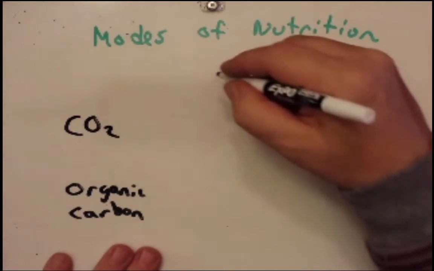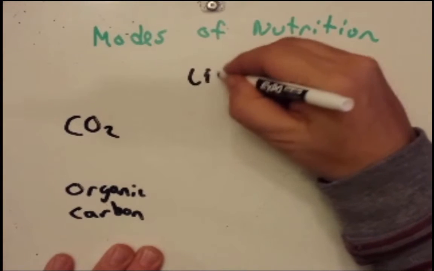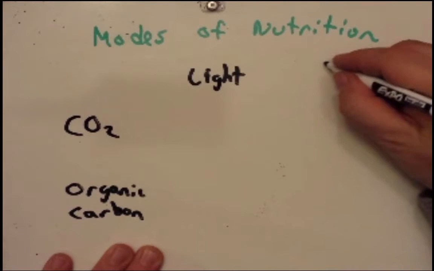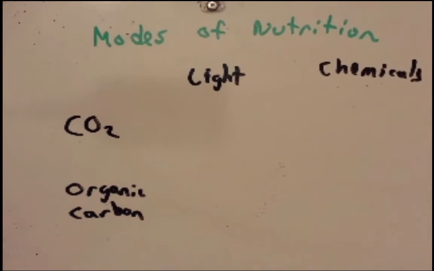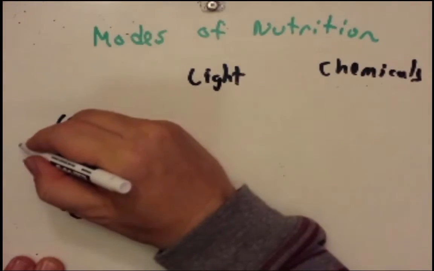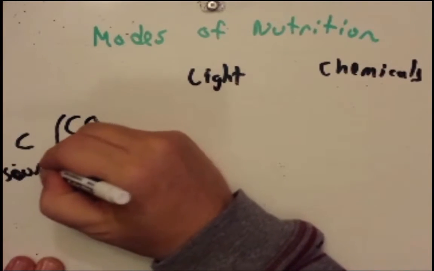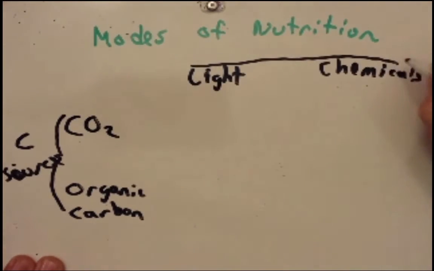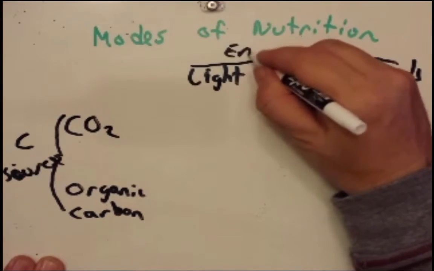We also said that the source of energy they could obtain would be from light, our phototrophs, or from chemicals, our chemotrophs. Maybe let's lump these together so we don't forget. This is our carbon source. And up here, these are our energy sources.